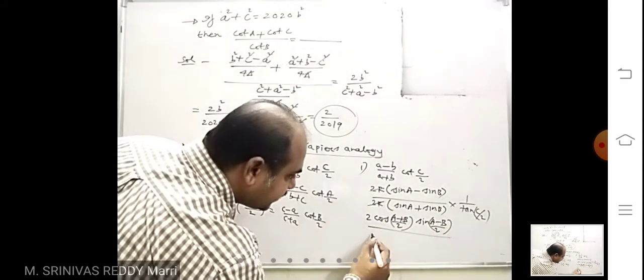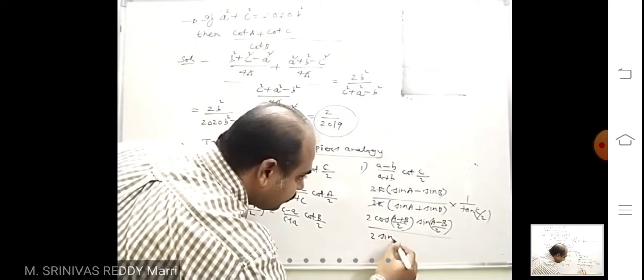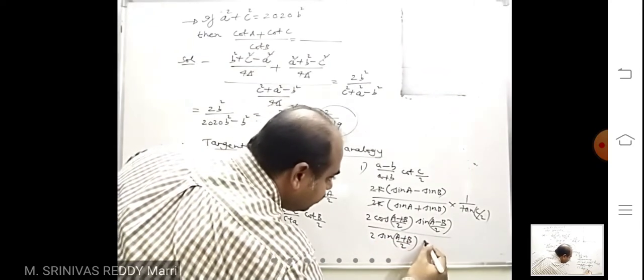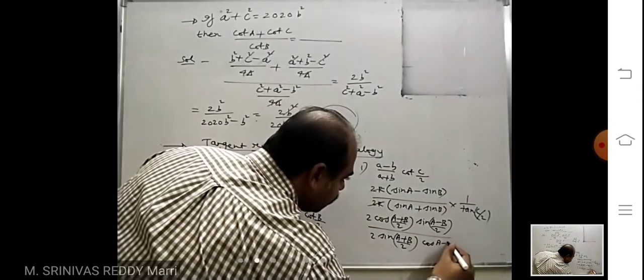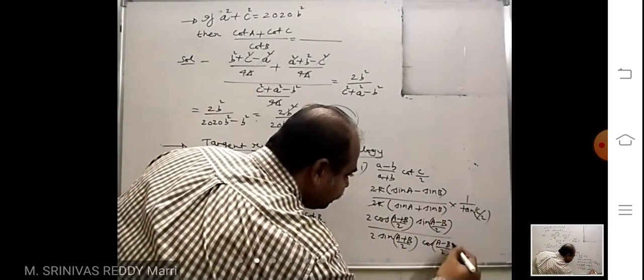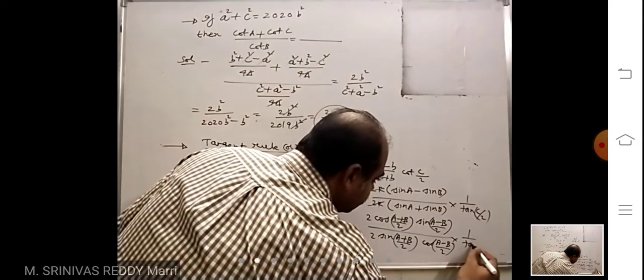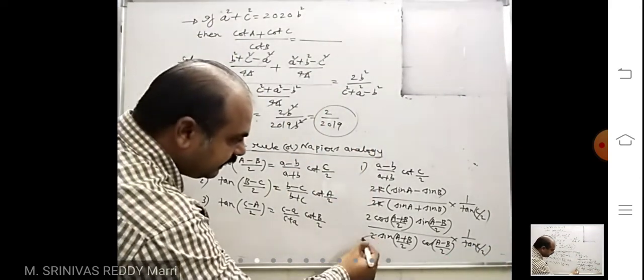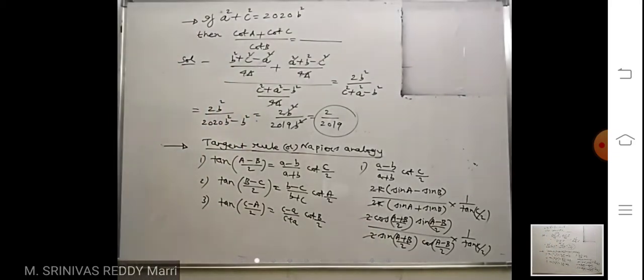Next, sin C plus sin D, 2 sin (A plus B) by 2 cos (A minus B) by 2 into 1 by tan C by 2. Now if you look here, the 2 will get cancelled.